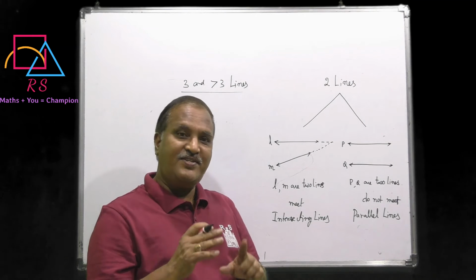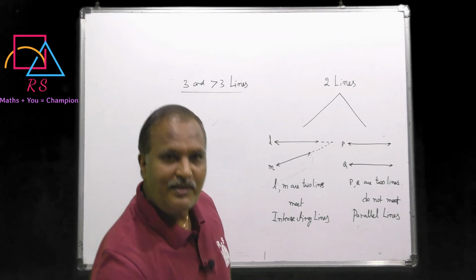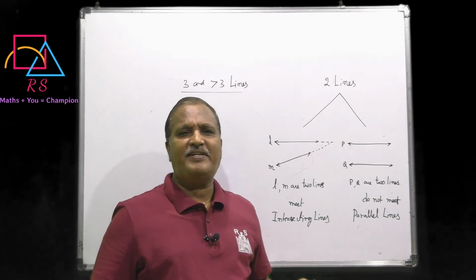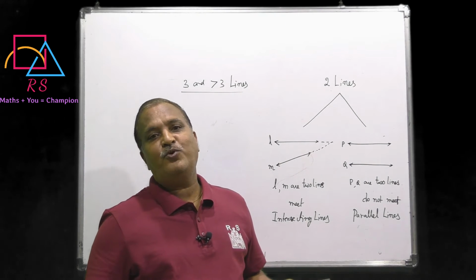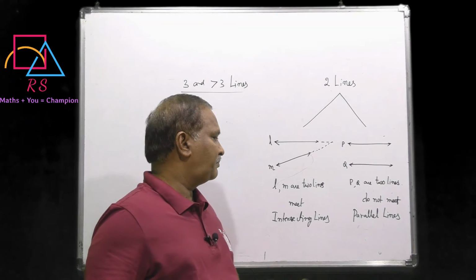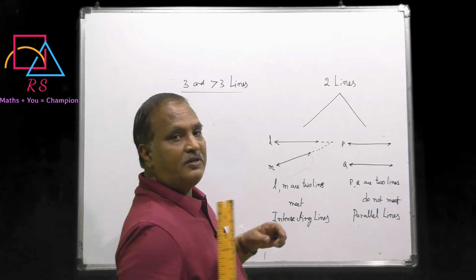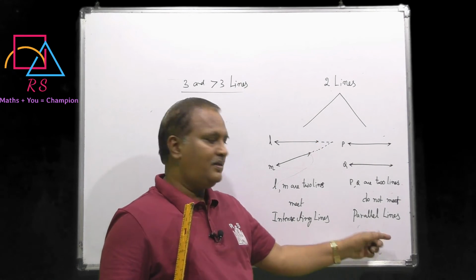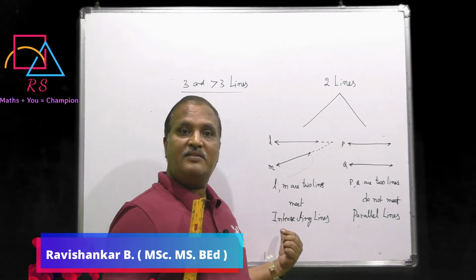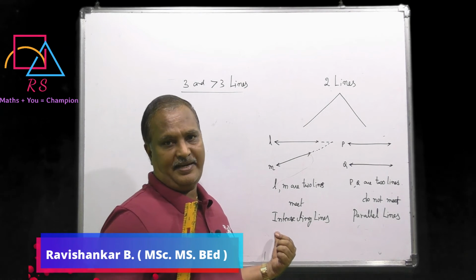If you want, you can take a scale, draw different lines and check at how many points two lines meet. So if two lines do not meet, they are called parallel lines, and otherwise they are called intersecting lines.